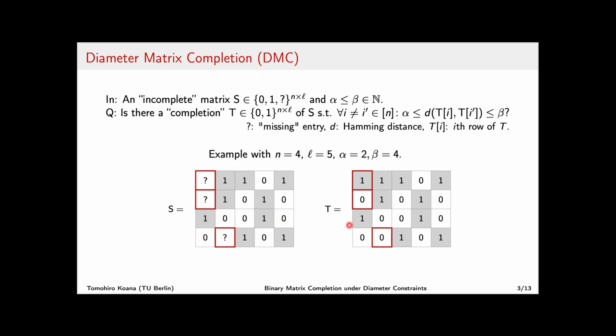And finally, with these 2 missing entries filled in, in order to fulfill the upper bound beta equal to 4, we need to replace this missing entry by 0. And in fact, we can show that this matrix here also satisfies the lower bound, alpha equal to 2. So this is the unique solution for this example.